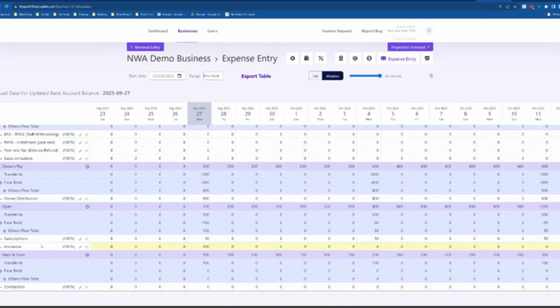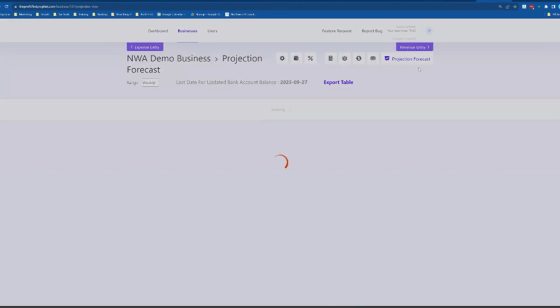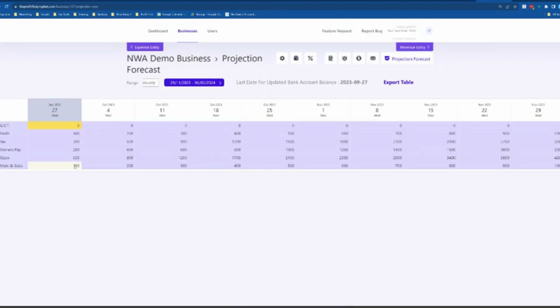So you can see a little snapshot of how this system creates the rules around what money comes in and what money goes out of each bank account. And then here's where the magic happens in the forecast button. So this forecast shows a weekly forecast of what the bank balances will be based on the assumptions that I've put in the system.